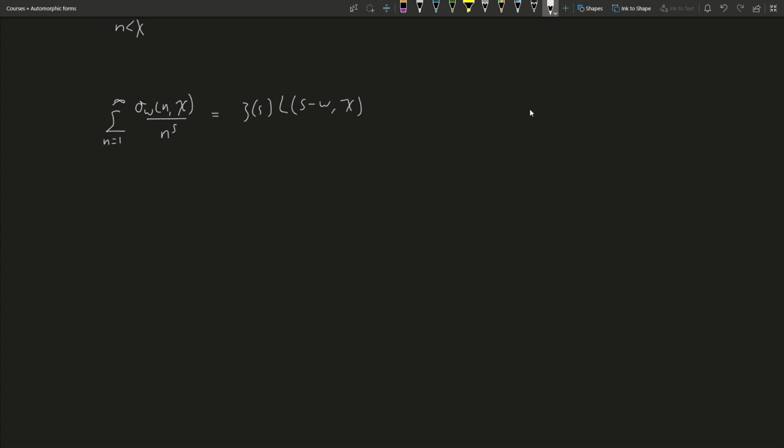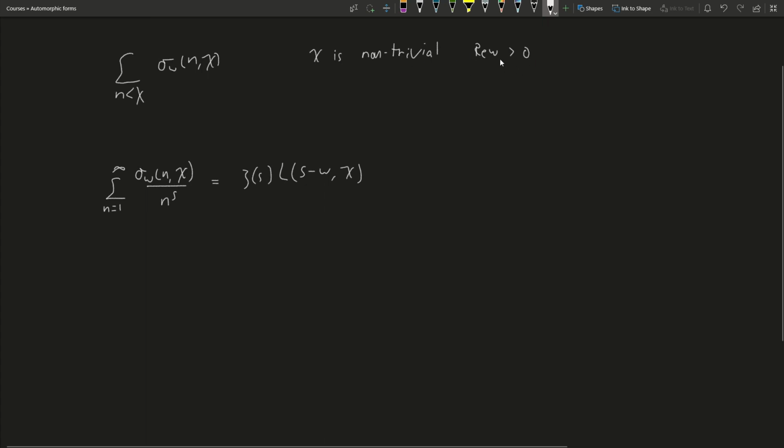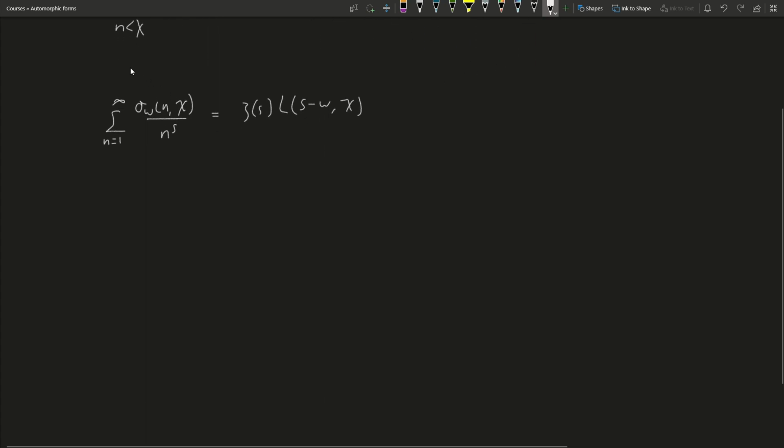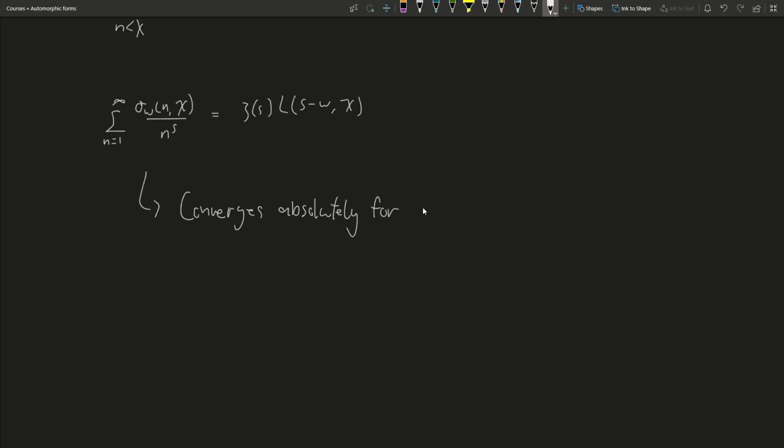Because we're assuming that the real part of w is strictly positive, this Dirichlet series converges absolutely for the real part of s strictly greater than 1 plus the real part of w.